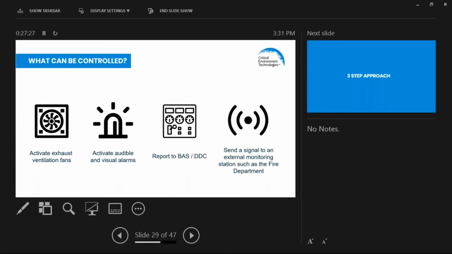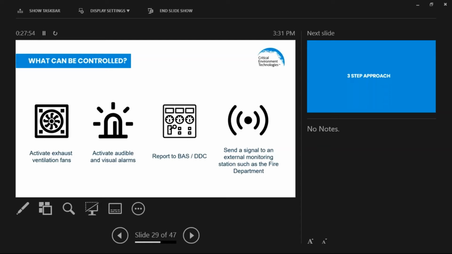So you can control exhaust fans, you can activate audible and visual alarms, you can send information to the building automation system or a direct digital control system, or you can send a signal to an external monitoring station such as the building management team or the maintenance people or first responders such as the fire department.